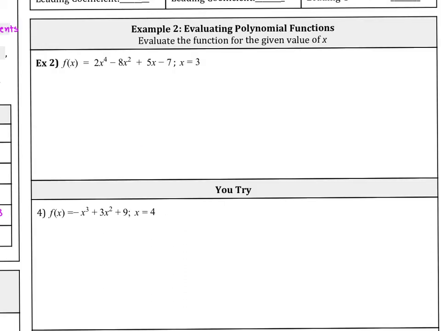Now we are going to do example number 2, evaluating polynomial functions. We are going to evaluate the function for the x value. In example number 2, the x value is given as x equals 3.